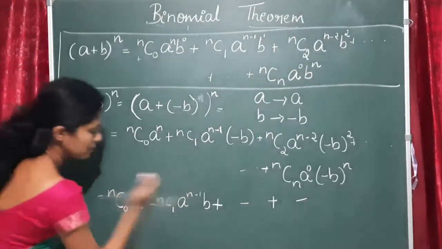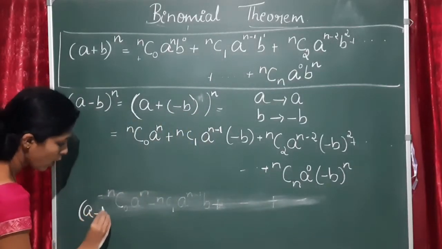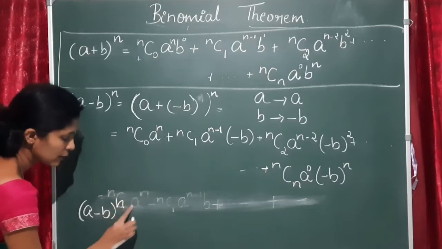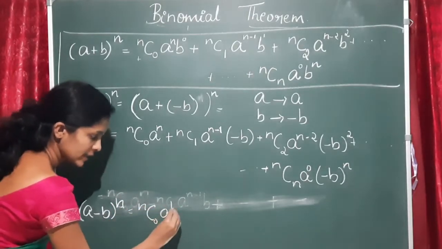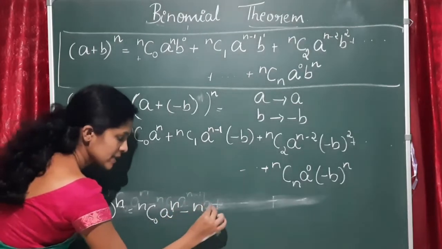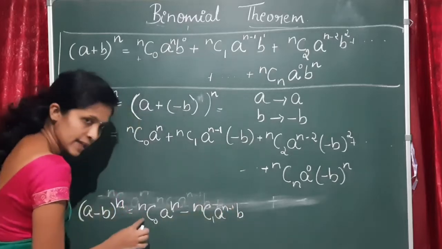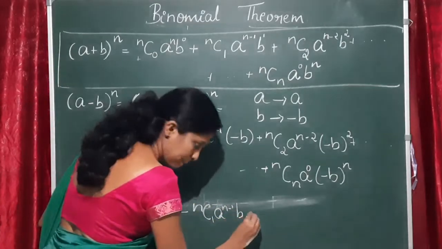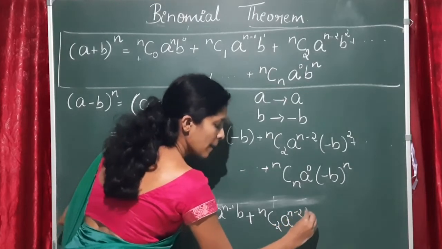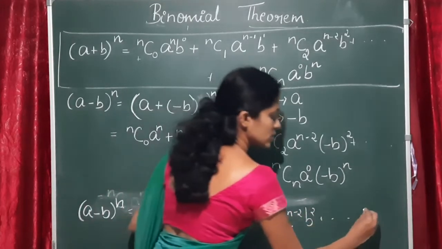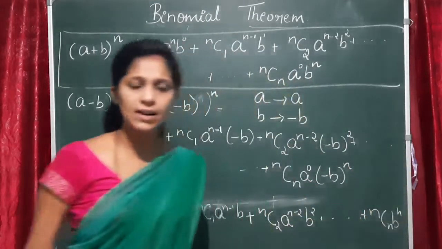So that means (a minus b) whole to the power n will be equal to nC0 a to the power n minus nC1 a to the power n minus 1 b plus nC2 a to the power n minus 2 b square, and so it goes, plus nCn b to the power n. Is it clear?